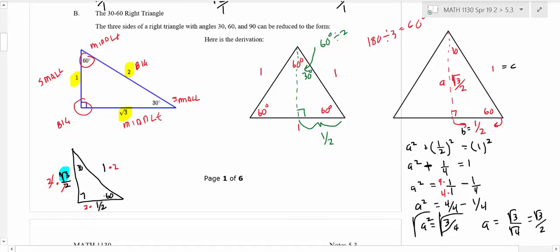I would cross out the 2's there, so I'd end up having a 1 there, and then I would have a 2 here. So we have 1, square root of 3, and 2. Notice in my derivation, the 1 is opposite the 30, the square root of 3 is opposite the 60, and the hypotenuse is 2. So that's where that triangle comes from. That's the derivation of that.